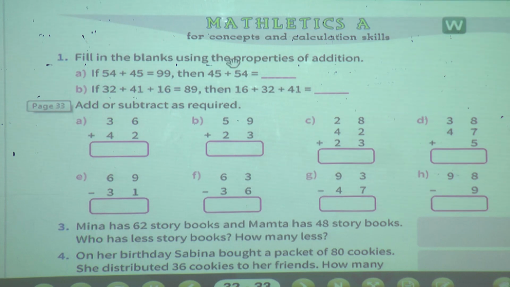Here fill in the blanks using the properties of addition. In addition we have seen that if 54 plus 45 is equal to 99, then 45 plus 54 is equal to dash. How much will it come? Same, 99. You can write 99 there.